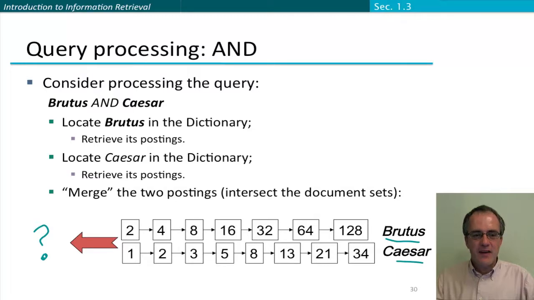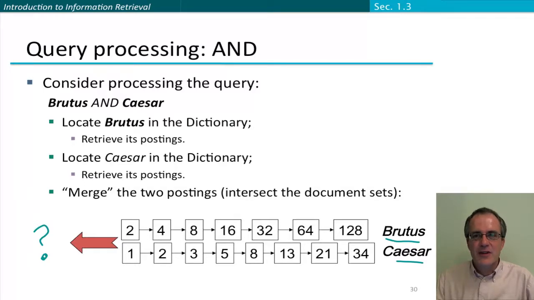Putting them together is standardly referred to as merging the two postings lists. Now, that term can actually be misleading because what we're doing for an AND query is actually intersecting the two sets of documents to find the documents in which both words occur, whereas merging suggests doing some kind of union operation. But the term merge is used in both cases.